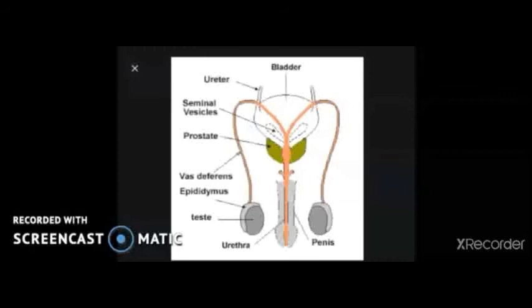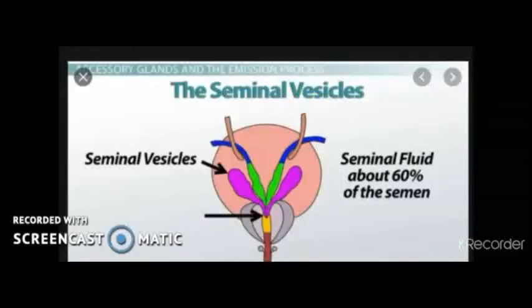During fertilization, only one sperm fertilizes the ovum. Fructose provides energy for sperm movement, while fibrinogen coagulates the semen into a bolus for quick propulsion in the vagina. The prostaglandins stimulate reverse peristalsis in the vagina and uterus, aiding faster movement of sperm towards the egg in the female body.